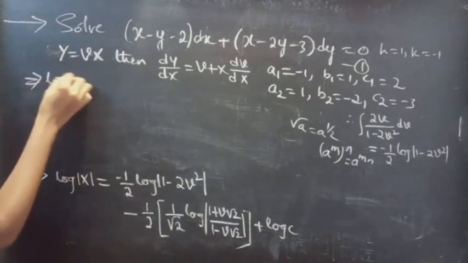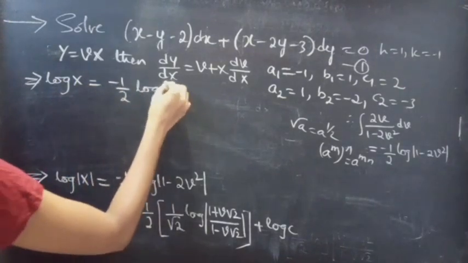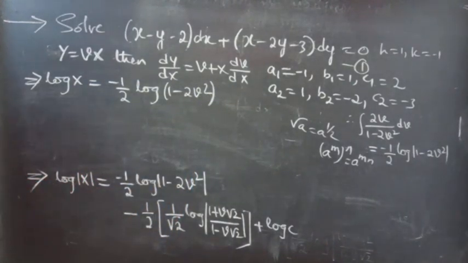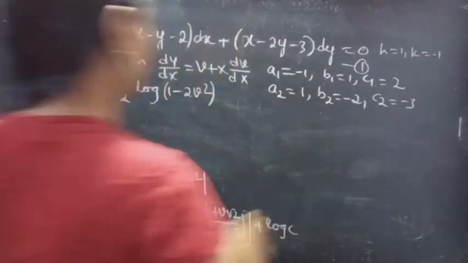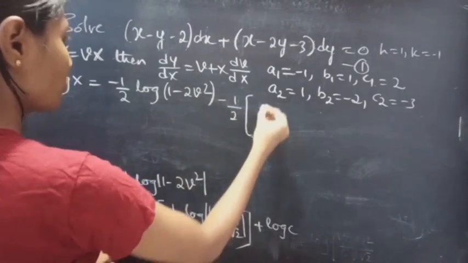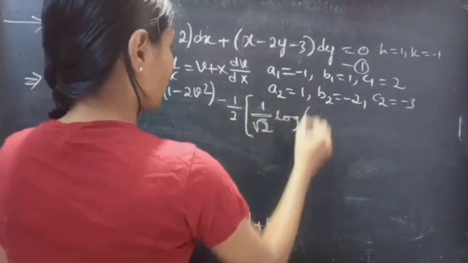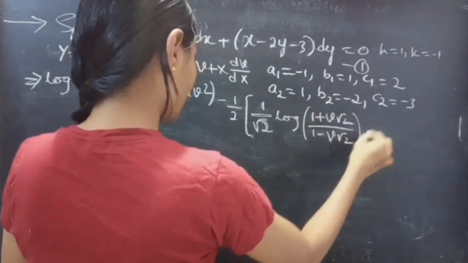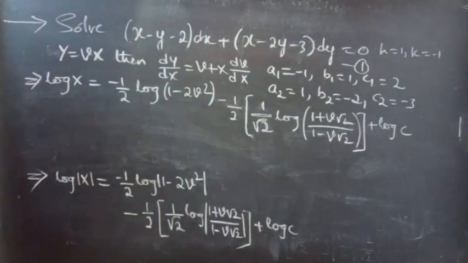Then log x equals to minus 1 by 2 log 1 minus 2v square minus 1 by 2 times 1 by square root of 2 into log 1 plus v root 2 by 1 minus v root 2 plus log c. Right.